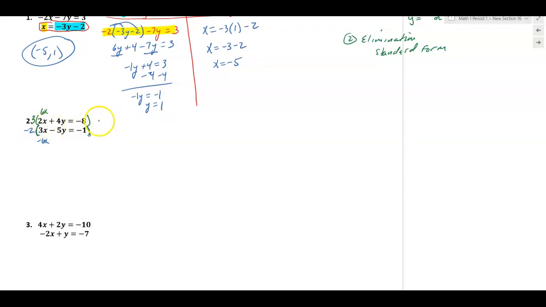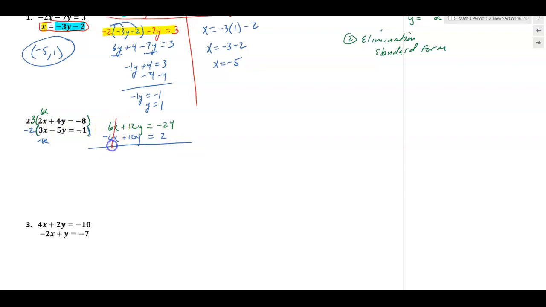So right away, 3 times 2x would be 6x. 3 times 4y would be plus 12y equals 3 times negative 8 is negative 24. Next, negative 2 times 3x is negative 6x. Negative 2 times negative 5y is plus 10y equals negative 2 times negative 1 is 2.